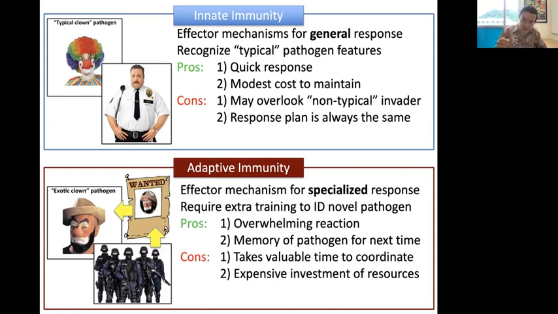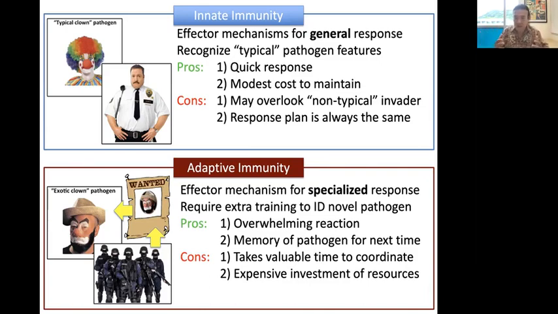So the pros of this are that once your adaptive side really gets going, you can then mount a very strong, overwhelming reaction. So this is the SWAT team that comes in, and they're highly trained in order to take out the threat. The other pro of this is that your adaptive side, by its very nature, adaptive, is capable of memorizing and learning the pathogen identity for next time.